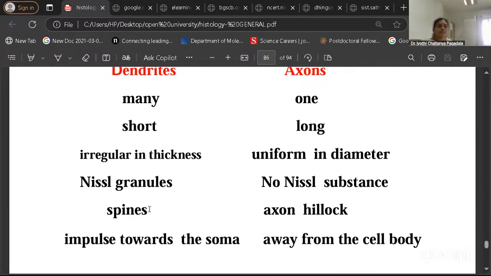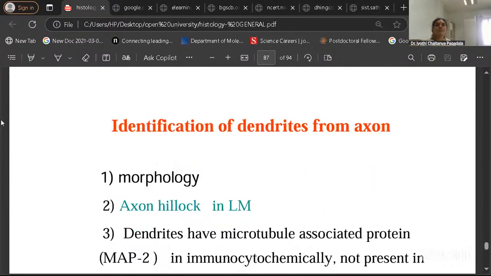Dendrites contain Nissl granules. In axons, there are no Nissl substances. Dendrites are composed of spines. The axon originates from the axon hillock. Dendrites always carry impulses towards the cell body, that is the soma. Axons carry impulses away from the cell body.